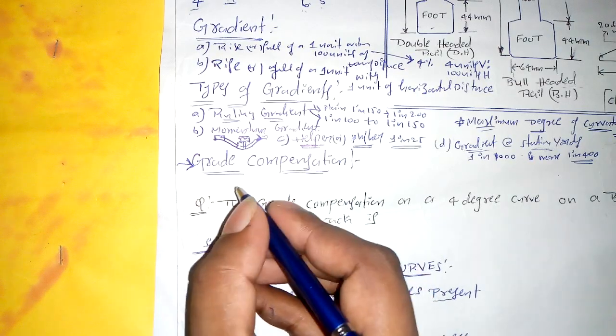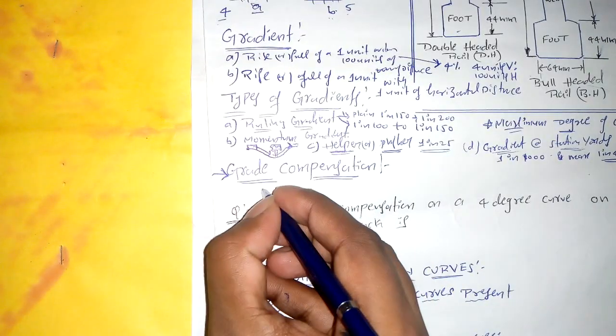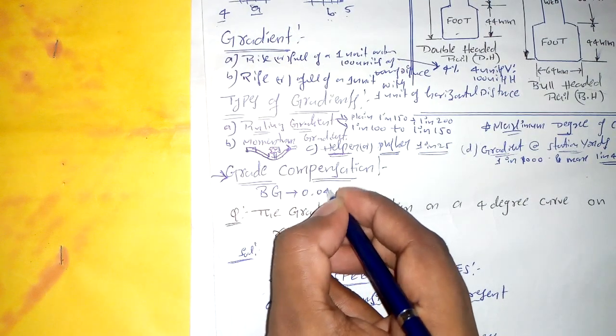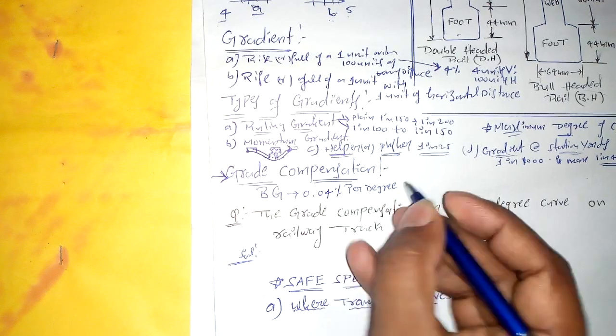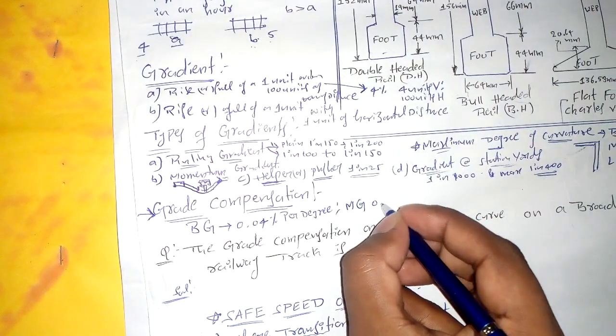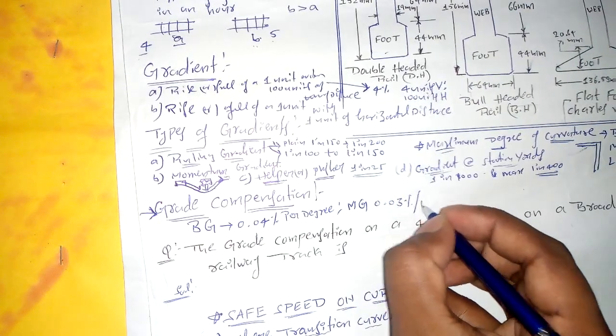There are 3 conditions according to the gauge. So for a broad gauge, the grade compensation could be 0.04% per degree of the curve. For meter gauge, it is 0.03% per degree of the curve.